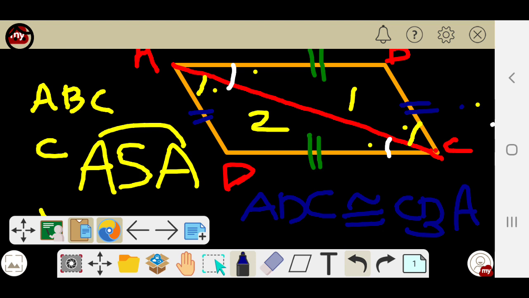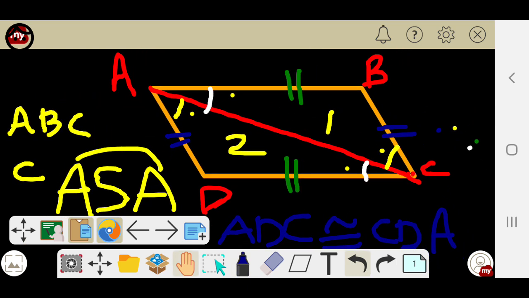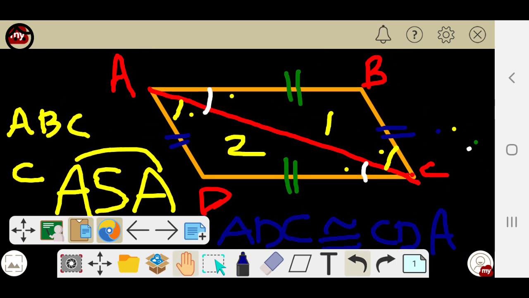To prove that they are congruent, first we consider the pair of equal angles and a common side. So by the ASA congruence rule, triangle ADC. To find the corresponding sides or angles: for angle A in the second triangle CDA, it is equal to angle BCA of the first triangle.